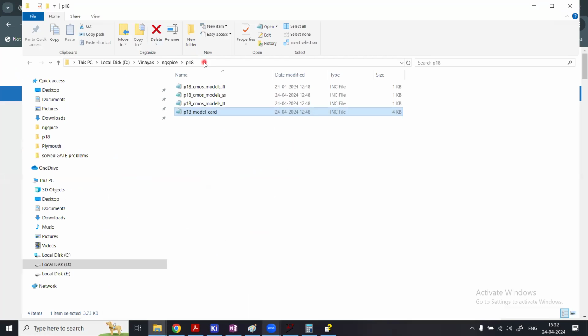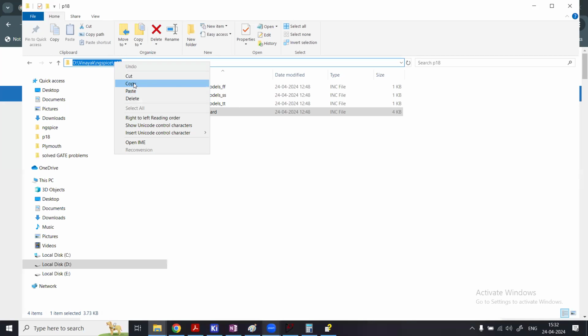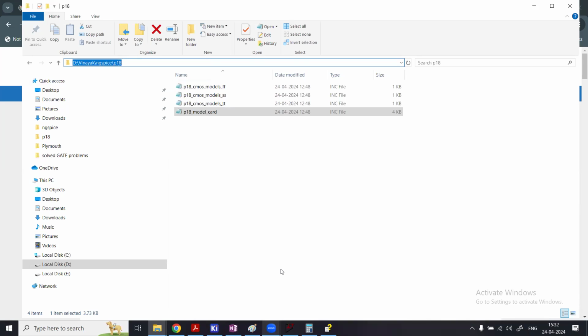Now look at this route. So what is the route or the library in which this model card is stored? That is the D drive, and these are the folders, and that's the route. So what I have done here is copy this. This is the route and this is the name of the model card.